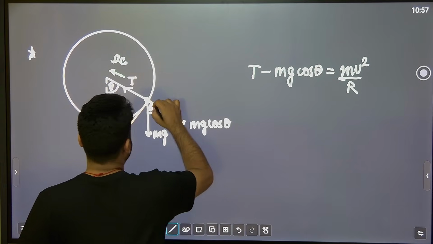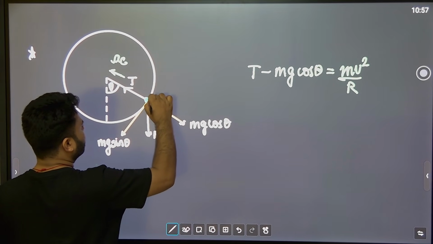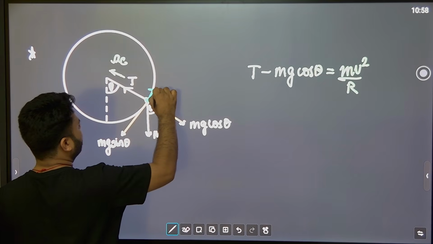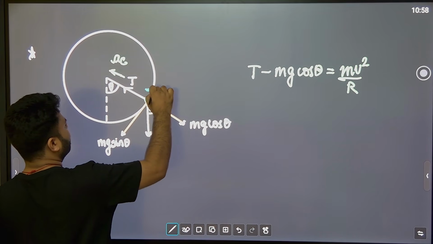Here v is the tangential speed of the object.